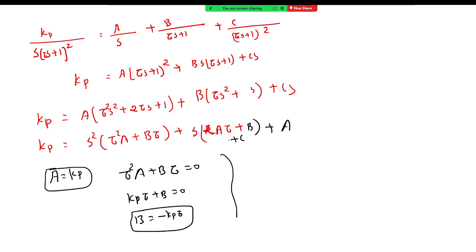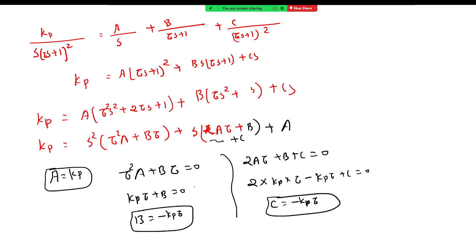Now, to calculate the value of C, I'll substitute in 2A tau plus B plus C equal to 0. So 2 multiplied with A is Kp into tau, minus Kp tau plus C is equal to 0. So your C is equal to minus Kp into tau. So eventually we have got the values of A, B and C.